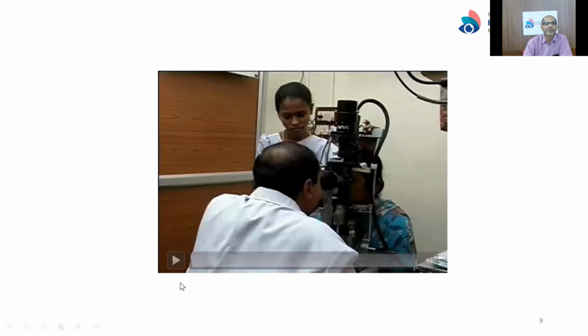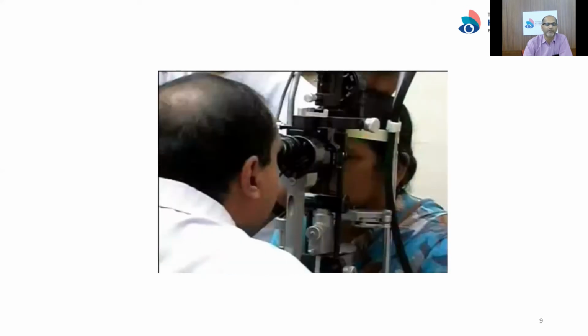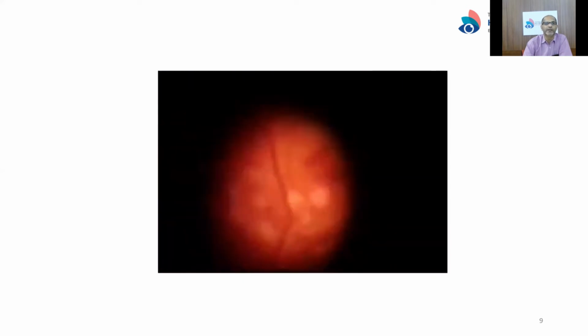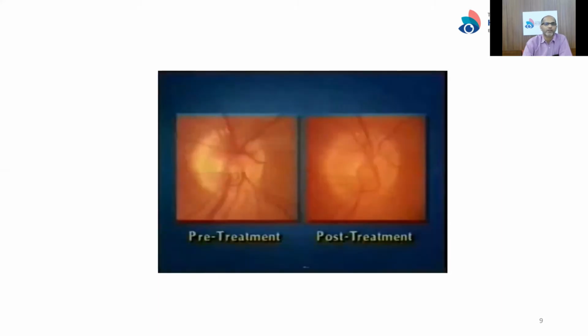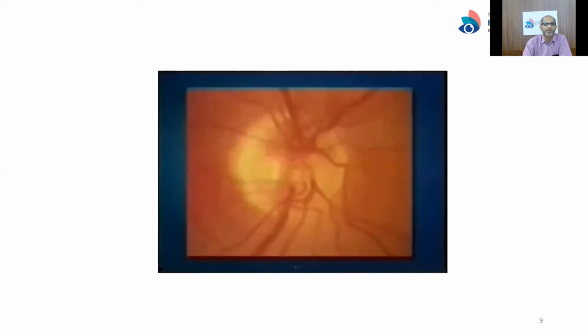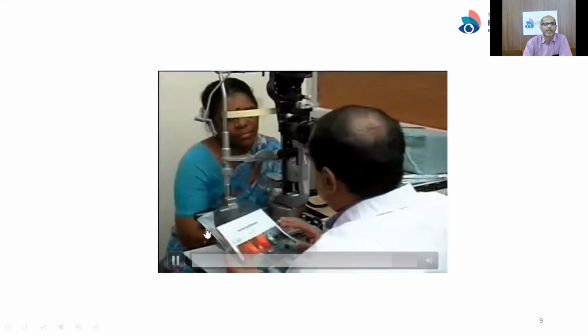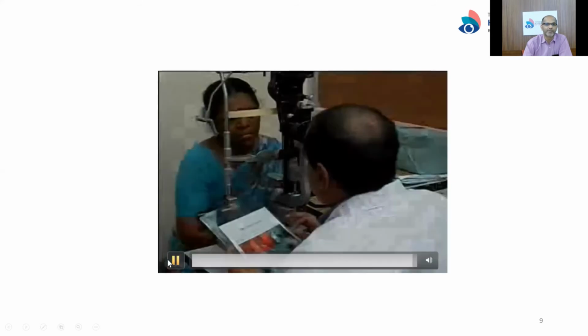This is given either in a sitting position by slit lamp delivery, or it can be given in a lying down position by an indirect ophthalmoscopy delivery method also. You can see in the pre-treatment and post-treatment images that the blood vessels that were formed get regressed after the treatment.